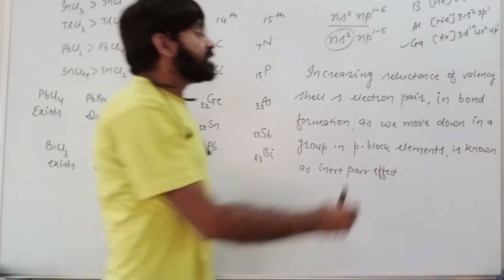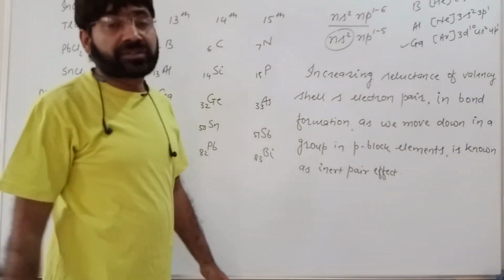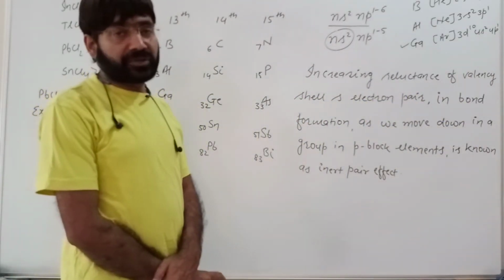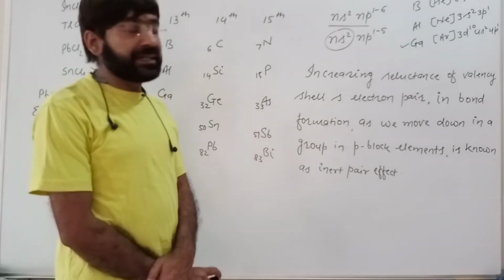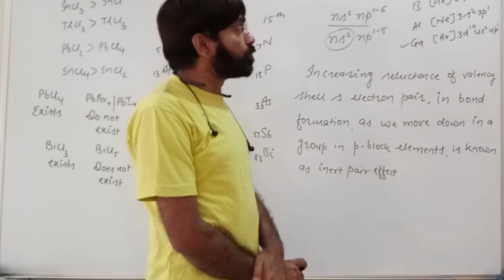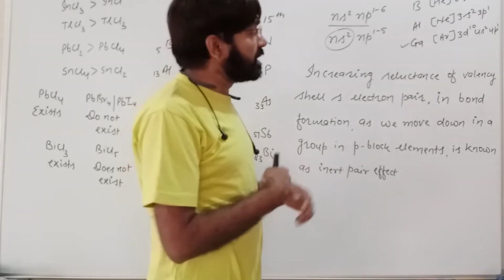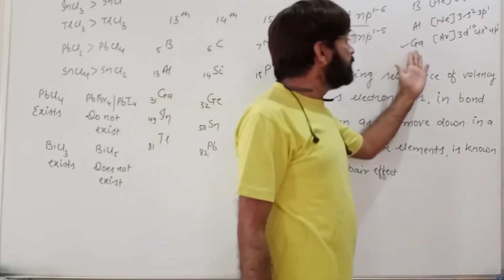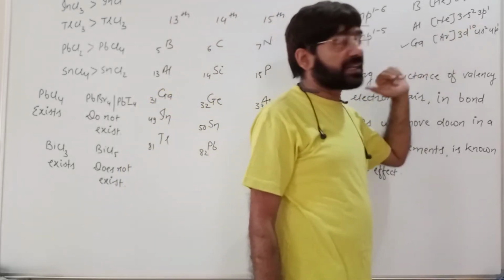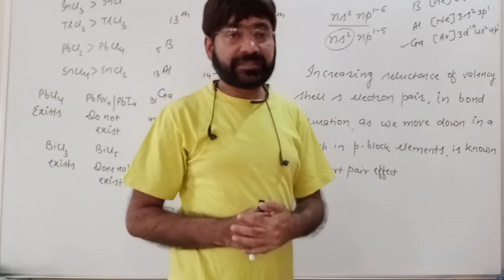And as it has been filled up, it causes lesser screening or shielding effect over the outer valence shell electrons. Taking advantage of this poor screening, the nucleus pulls the outermost electrons more towards it. In other words, the nucleus exerts more force of attraction on the outermost electrons, and hence these are tightly held.